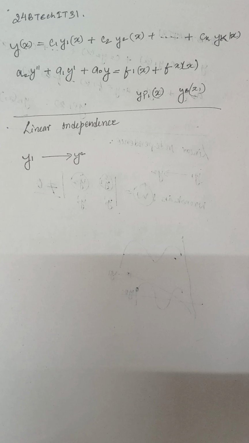We may be asked to show that the solutions we have presented are linearly independent of each other or not. So this is something called a Wronskian.